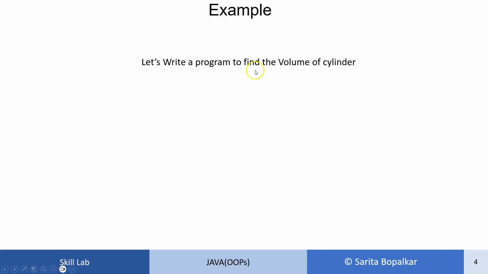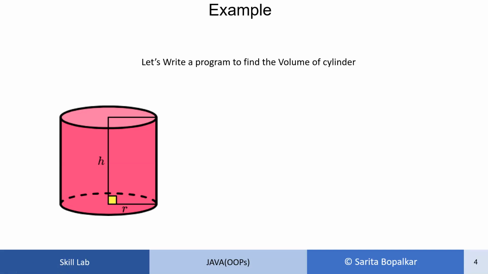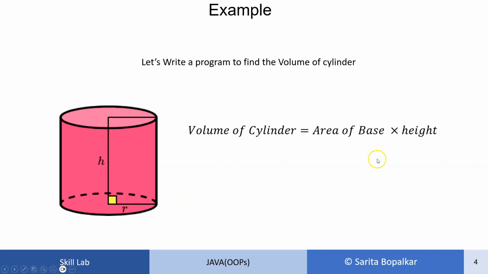Let's write a program to find the volume of a cylinder. A cylinder has a base and a height. So the volume of a cylinder is the area of the base multiplied by the height. What is this base? The base is nothing but a circle. Its area is pi r square and the height is h.